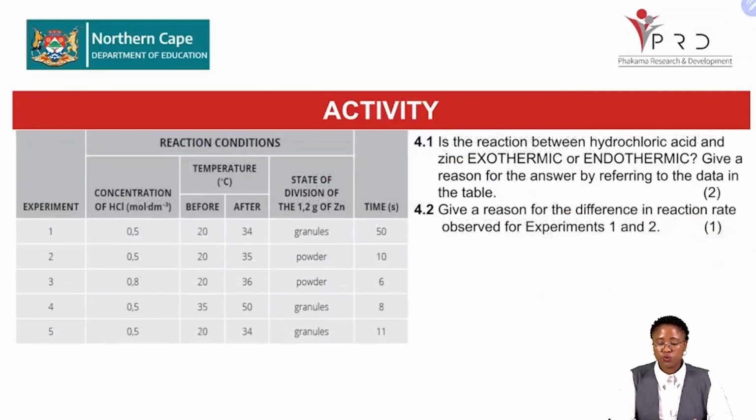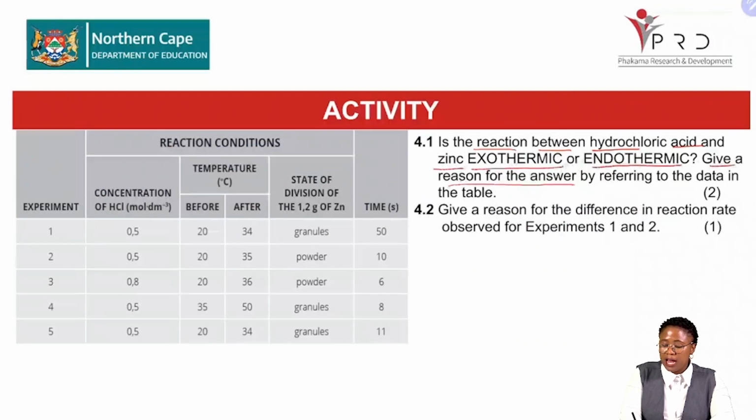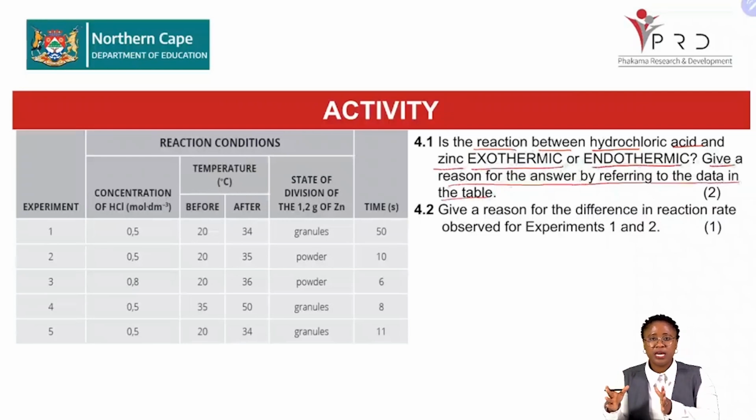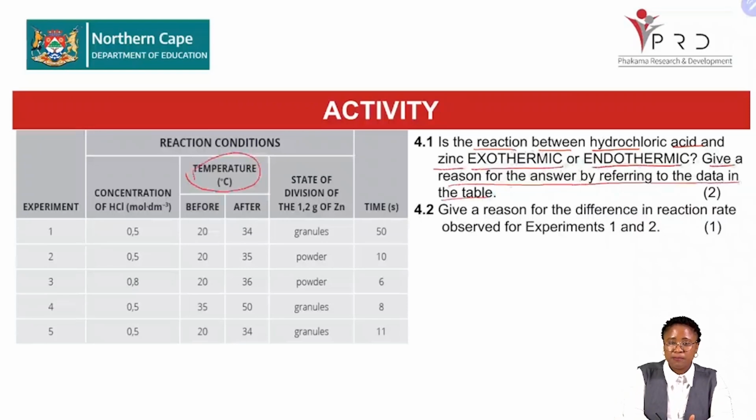Let's look at 4.1. It says, is the reaction between hydrochloric acid and zinc exothermic or endothermic? Give a reason for your answer by referring to the data in the table. When I'm speaking about exothermic and endothermic reactions, what must come into my mind is temperature.